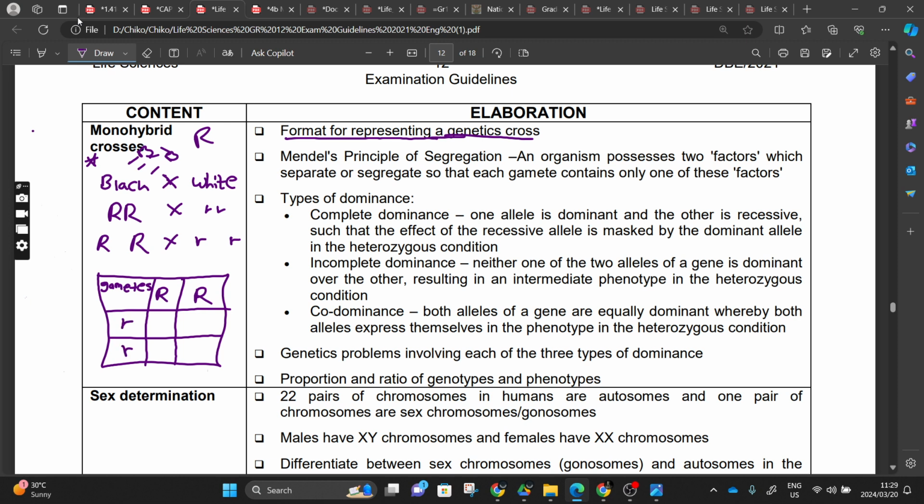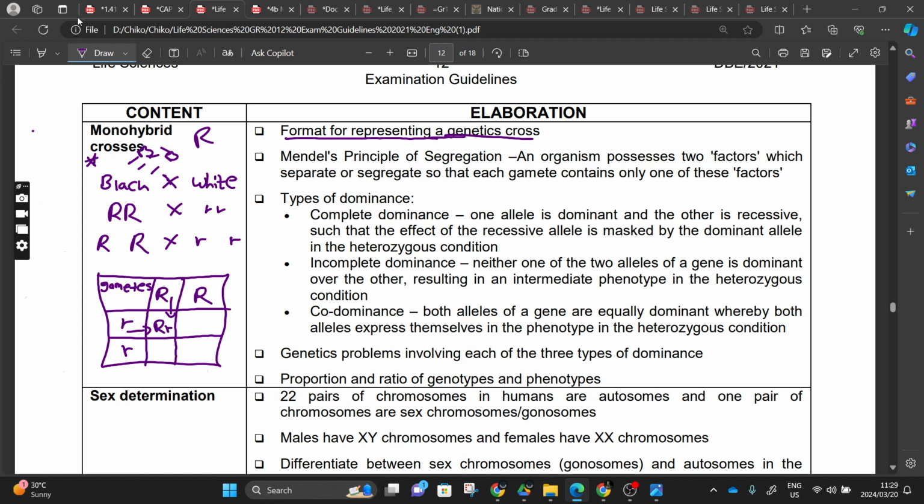So here's the thing. I told you last time that we have a rule of thumb, ne? Rule of thumb, you start with a capital letter. We start with the dominant one. So it means that in this square, we are going to join this R and this R. So here we are going to have capital letter R, small letter r.